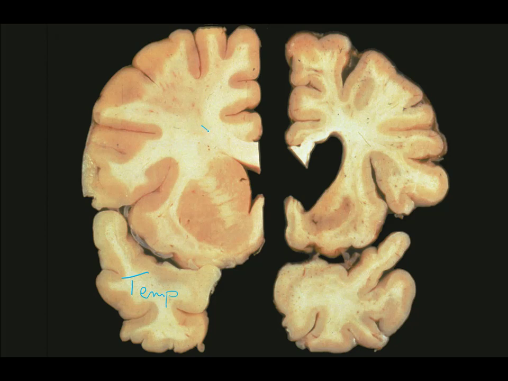This is corpus callosum. This is corpus callosum. What do you think about it? Does it look the same size as its friend on the other side? Bigger or smaller? Yeah, it looks small to me.